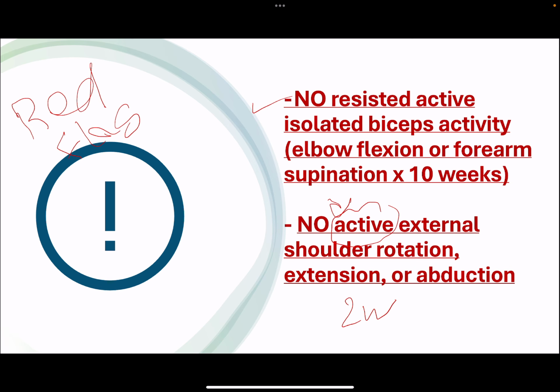No active external rotation, extension, or abduction in the first weeks, because these movements place the greatest tension on the anterior inferior capsule and labrum, the exact site of the Bankart repair. So doing them too early can compromise healing and cause recurrent instability.